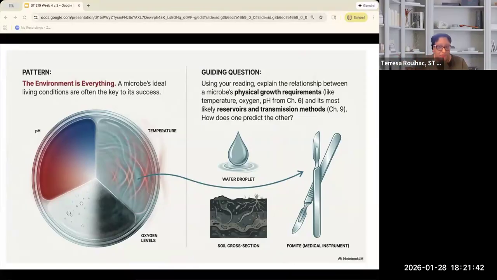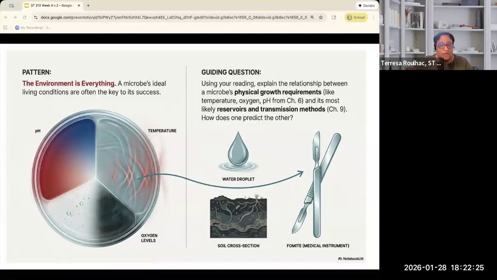But here's the key connection. If a microbe survives well in moisture, how is it likely to travel? Contact, droplets, or instruments? So I'll ask that again. If a microbe survives well in moisture, hint, hint, how is it likely to travel? Contact, droplets, or instruments? There we go. Growth requirements shape transmission routes, and you guys are all thinking on the right path.